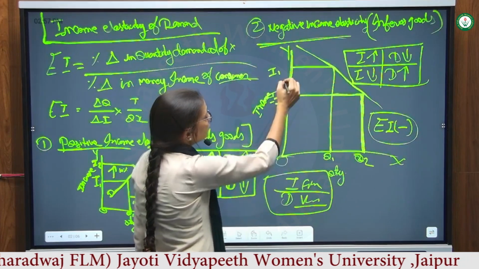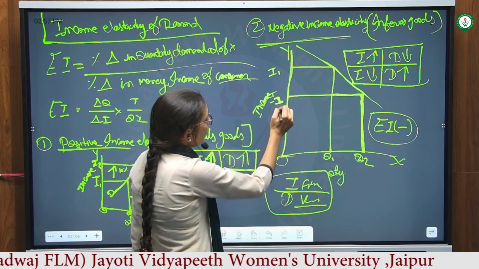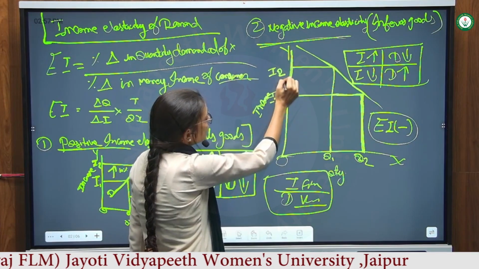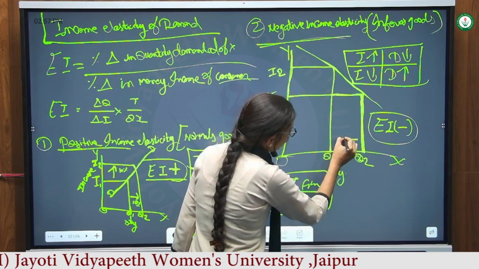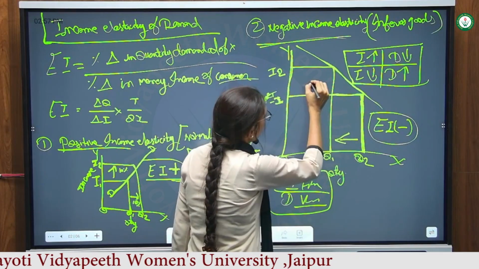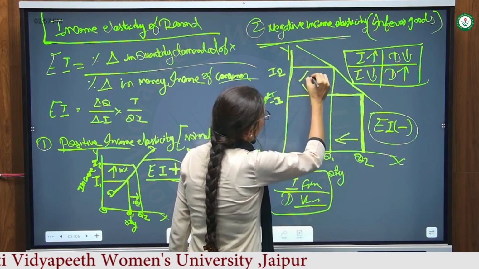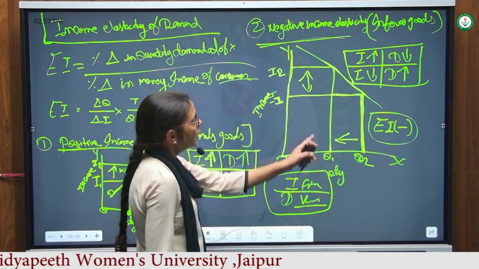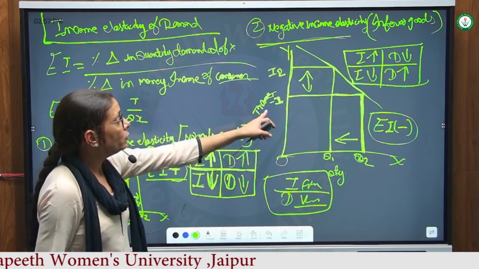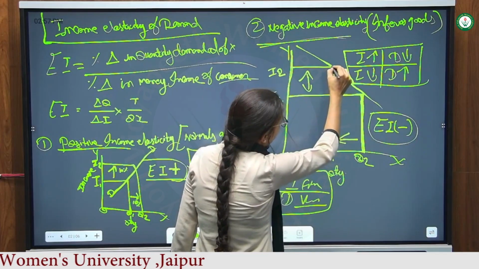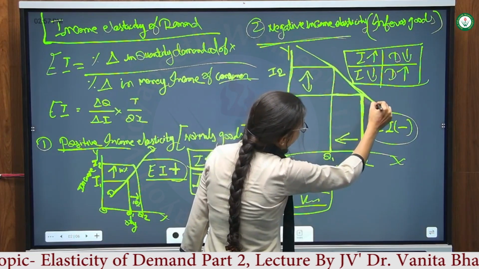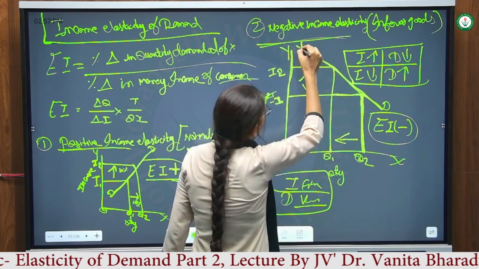When his income is increased from OI to OI2, now he will switch from inferior goods to normal or costly goods, and demand of the inferior goods will decrease. This is the inverse relationship or negative relationship between the income and inferior goods quantity.